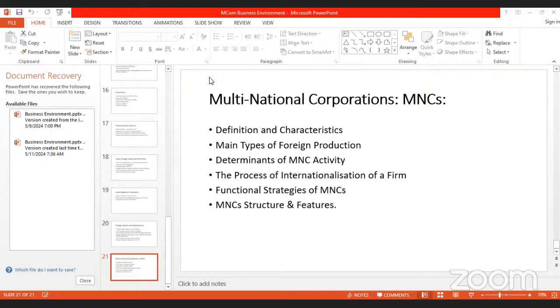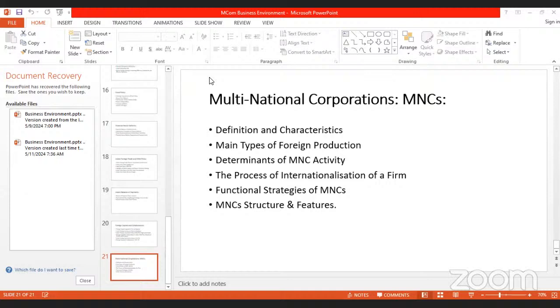So commitment to ethical practices, environmental sustainability, and social responsibility across all markets is important. Now, the last feature is global talent management. So that is attracting, developing, and retaining talent from around the world to drive global operations. So those are the six features of MNCs.